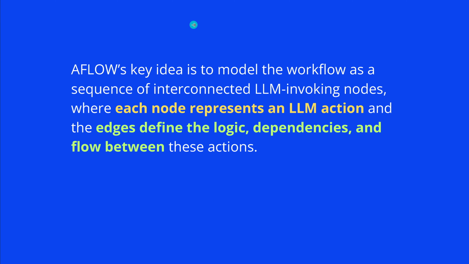So, key idea, model the workflow as a sequence of interconnected LLM invoking nodes, build an operator structure above it, where each node represents an action by the LLM. You know this: retrieve information, start a logical deduction, whatever, do an output. And the edges define now the logic, the dependencies, and the flow between these actions of the LLMs.